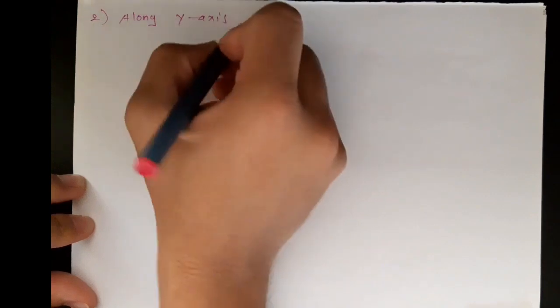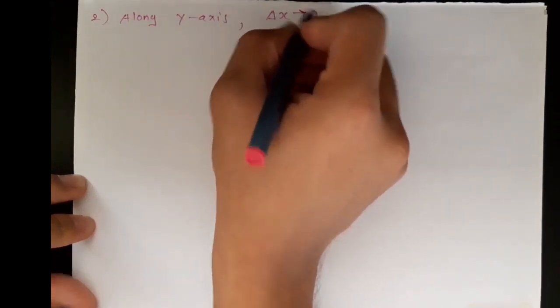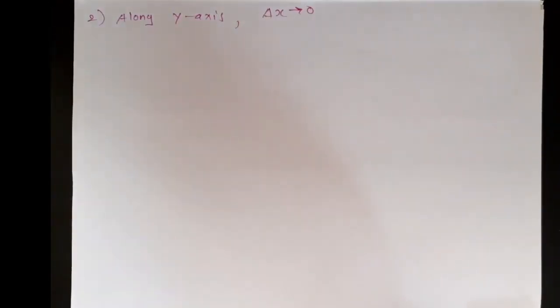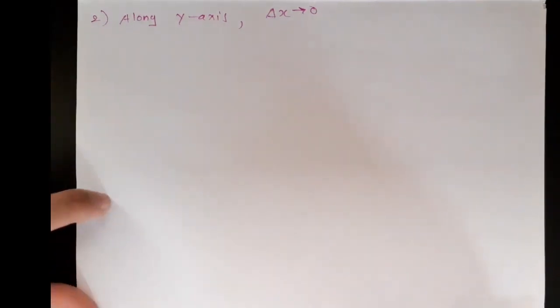Now by the path method we will move towards the second case, that is along the y-axis. Now along the y-axis delta x will always be 0, because on the y-axis the x component is 0.